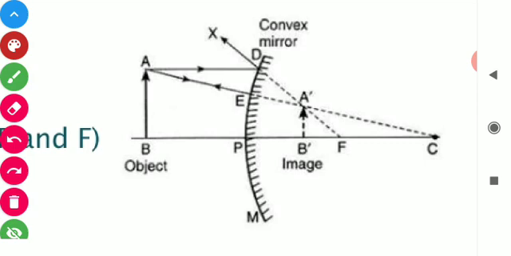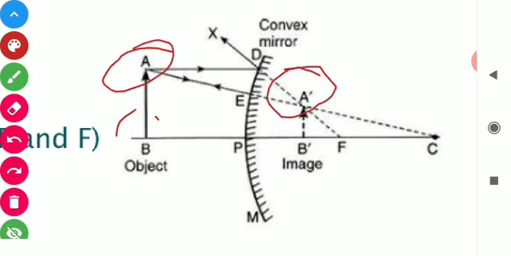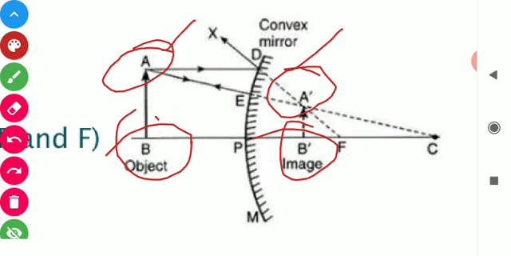You know very well which image is inverted and which is erect. Both A's are on one side, both B's are on one side, meaning both A's are up, B's are down. So we can say that this is an erect image.